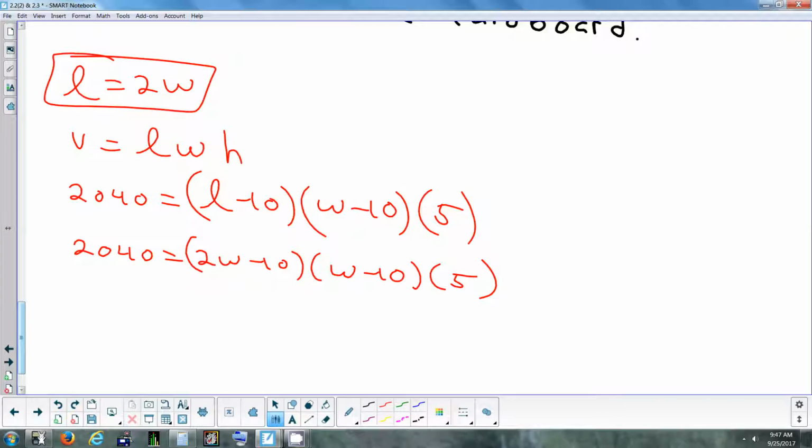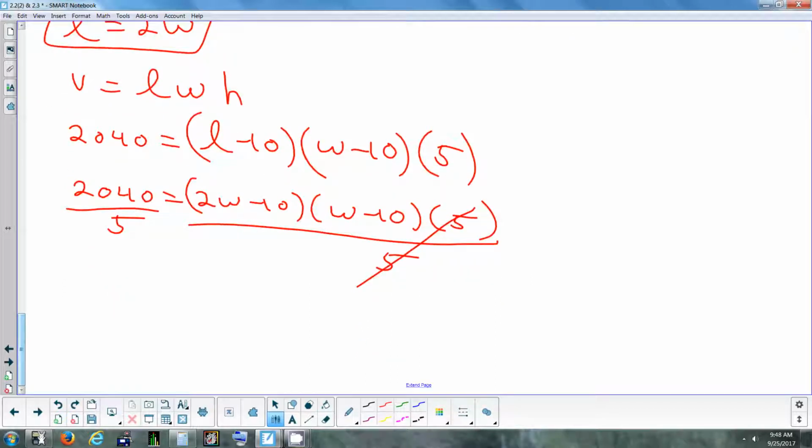Well, one thing I would do right away is divide each side by 5. Now remember, when you divide by 5, you do it only here. These are not plus and minus signs between the factors. So you only do it in that one spot, and then 2040 divided by 5.